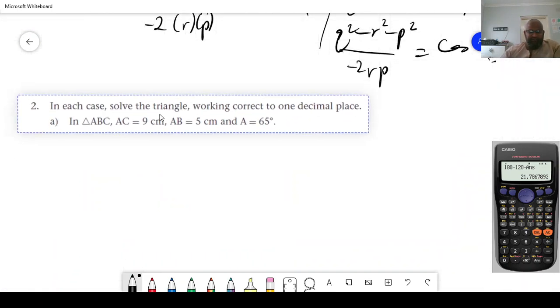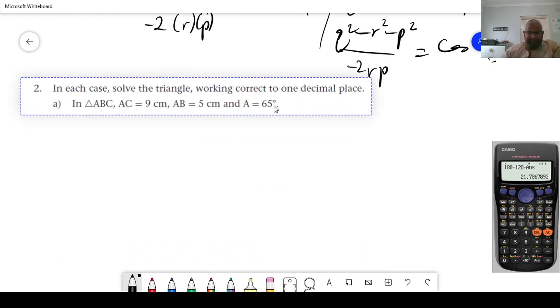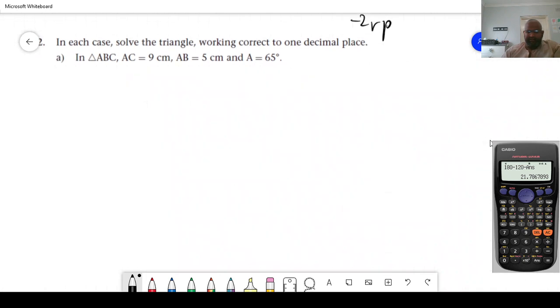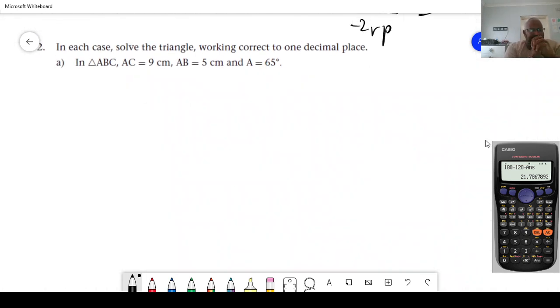Then for number 2, we are told in each case solve the triangle, working correct to one decimal place. Okay, so again we've got triangle ABC. We've got AC to be 9, AB to be 5, and angle A to be 65.